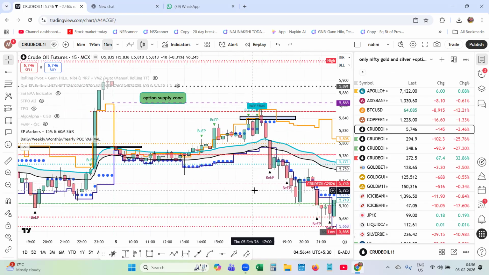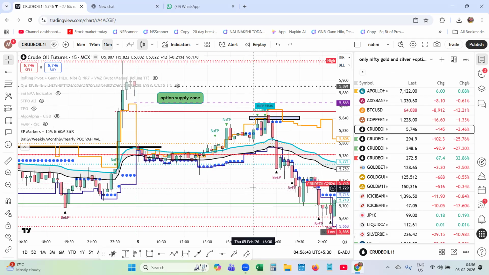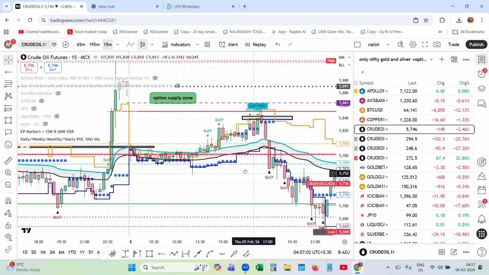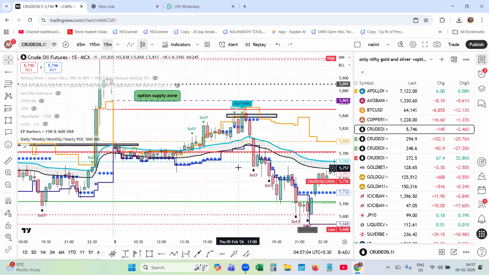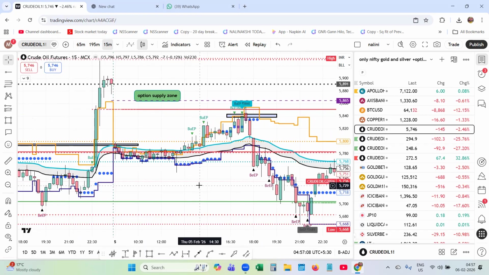This is the time zone. You can watch New York time as well. One hour before New York opening, you get to notice volatility and opportunity. And also here, you get an opportunity around this time. So if you start observing the commodity market around this time, you get an opportunity.